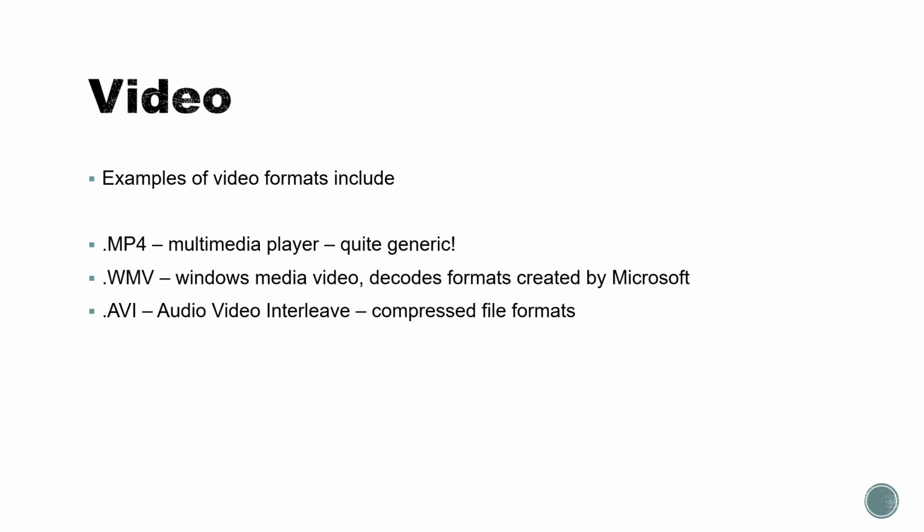This is created by Microsoft, and while it works reasonably well on Microsoft machines, it's not massively suitable outside of Microsoft machines, which is not what you want. It's good enough. It's not really compressed in any way, so you can get quite a high quality, but MP4s tend to be the video of choice.